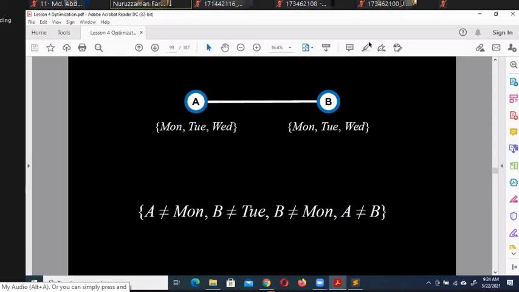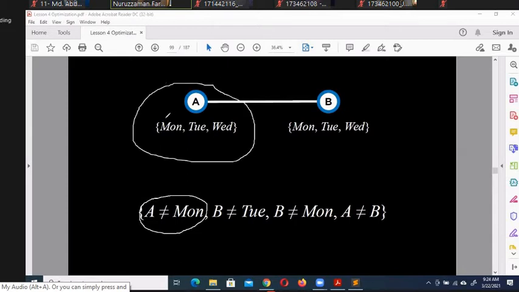Unary constraints means where there is only one variable. Our first unary constraint is A cannot be equal to Monday, and in the node we can see that A also includes Monday. So the question is, is A consistent? No, it is not consistent.